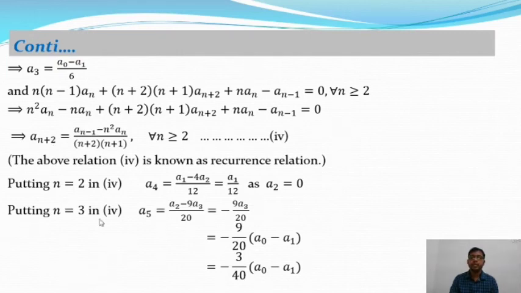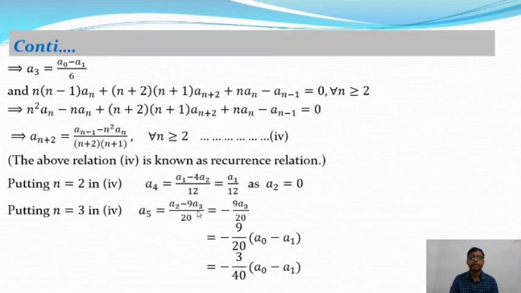Now we put n equals 2 in equation 4, and we get a4 equals (a1 minus 4a2) by 12, and here a2 equals 0, so from this we get a1 by 12. If we put n equals 3 in that equation, we get a5 equals (a2 minus 9a3) by 20.